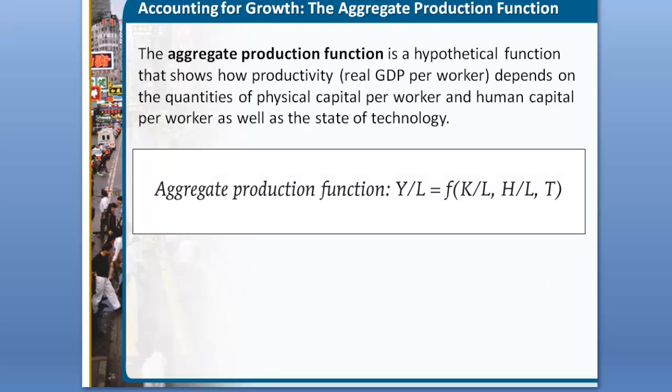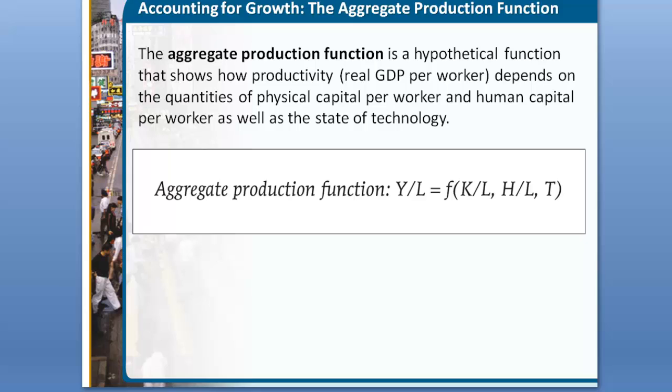The aggregate production function is used to account for aggregate growth. It's a means of specifying the equation by which the economy grows. The aggregate production function is a hypothetical function that shows how productivity, or real GDP per worker, depends on the quantities of physical capital per worker and human capital per worker, as well as the state of technology.